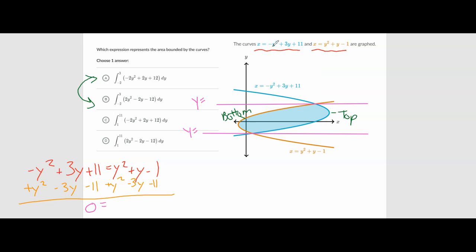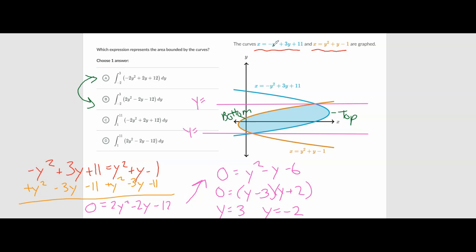That gives me 0 is equal to 2y squared minus 2y minus 12. Factor out the 2 and divide both sides by 2, so I get 0 is equal to y squared minus y minus 6. Factor: y minus 3 times the quantity y plus 2. Voila, there's your solutions, y equals 3, y equals -2.